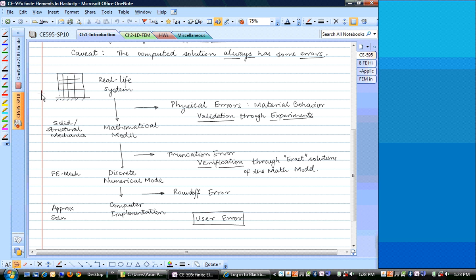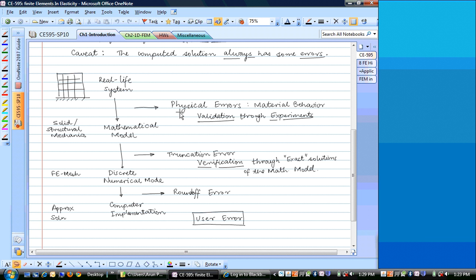I was telling you that for the analysis of any real system, you first try to build a mathematical model for the system, and in our case, it will be mostly solid and structural mechanics, the equations that govern the behavior of those kinds of systems. And then we try to discretize that mathematical model. That's the finite element model that we get. And once you code it up into a computer, that's the numerical model that you get your solution from. So the important things were the types of errors that you get here.